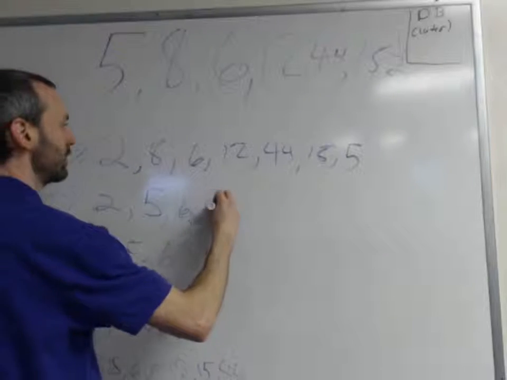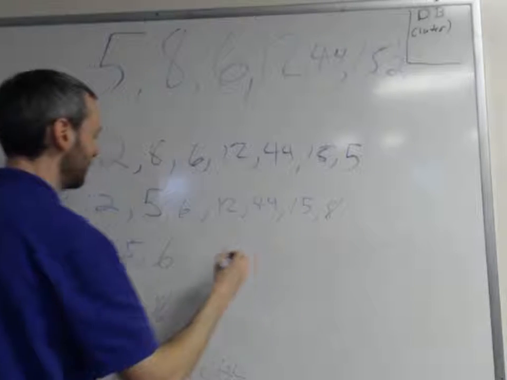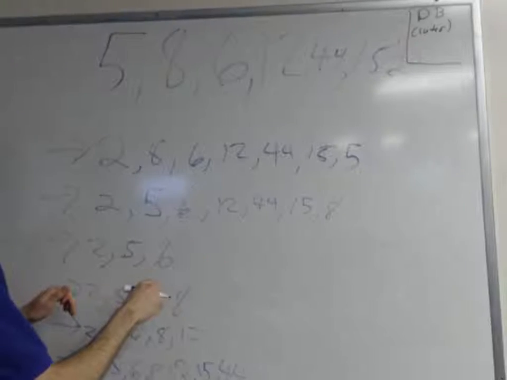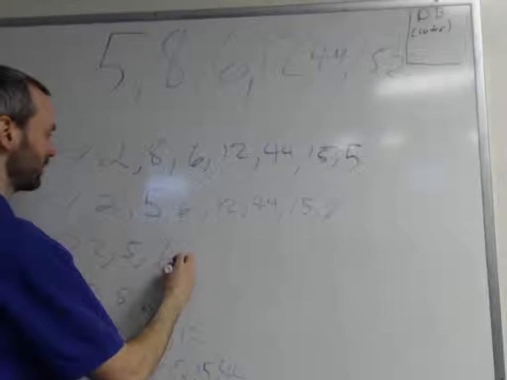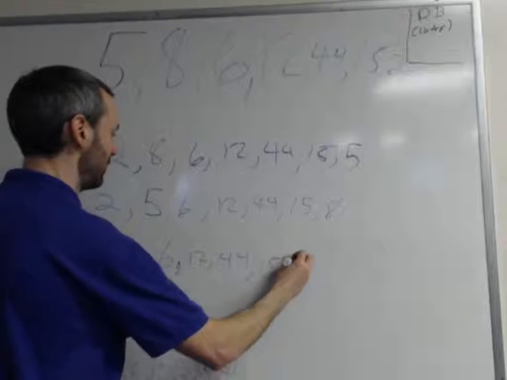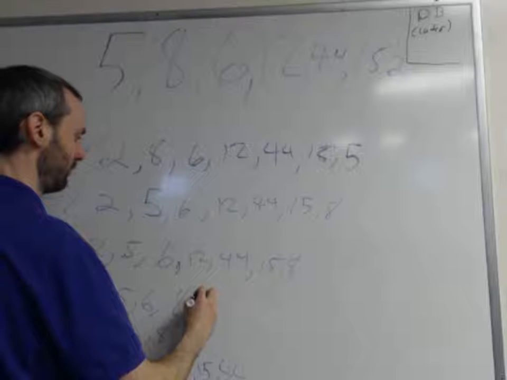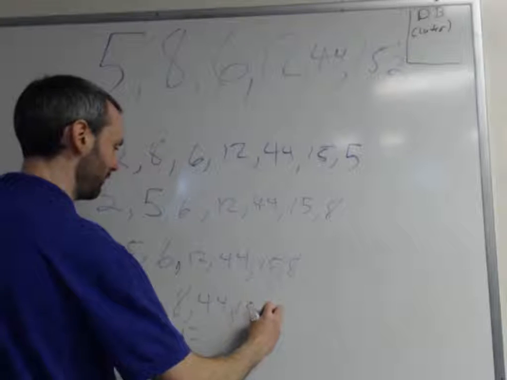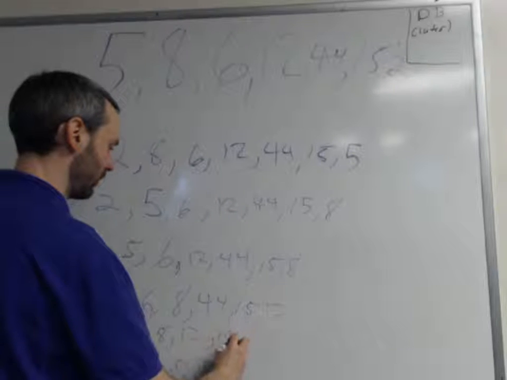So you'd have 6, 12, 44, 15, 8. And 6 stays the same, so 6 is in its place, so you don't have to swap anything. Now you have to swap the 12 and the 8. And now you have to swap the 44 and the 12. And it sorts the last one out.